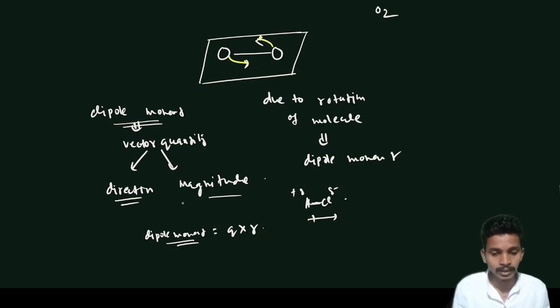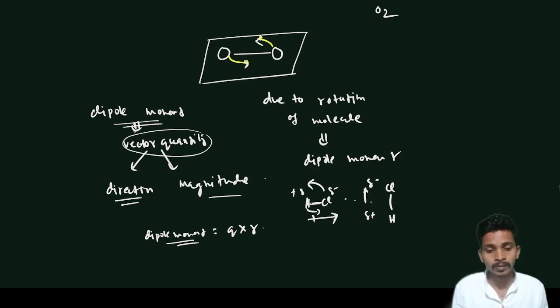But since the dipole moment is a vector, whenever you rotate the molecule, the direction changes: Cl goes like this and H goes like this. So the direction is changing, and since dipole moment is a vector quantity, if any one changes, the dipole moment will change.